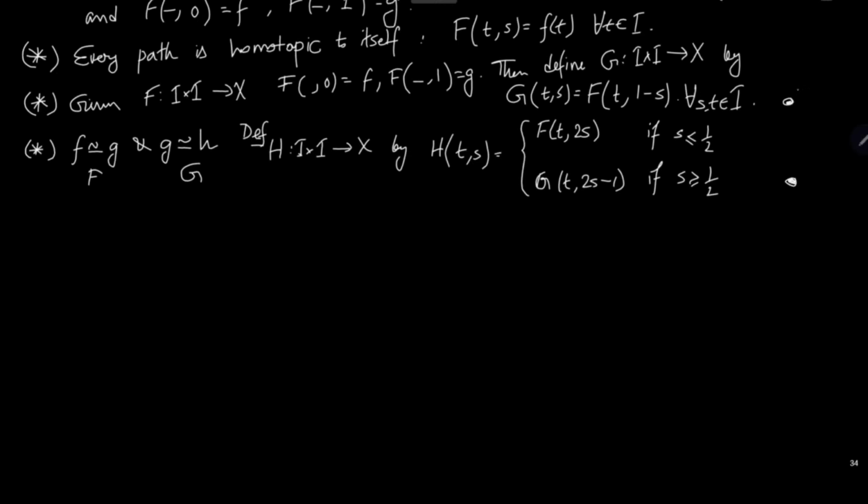Given these base points, these endpoints x0 and x1, there's a path like this, there's a path like that, and another path like that, F, G and H respectively, and suppose there is this homotopy going from F to G, and then this homotopy going from G to H. So what we do is, within the span of s going from 0 to 1, within 0 to half, we cover this entire homotopy from F to G. For that we have to speed up so that this goes at 2x speed, and then from G to H we also have to go at 2x speed, but we also have to start from 0.